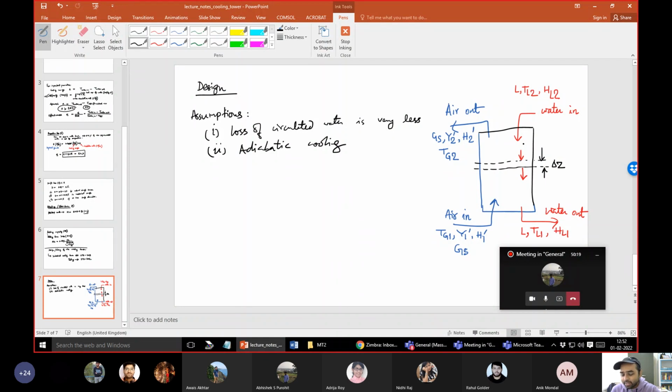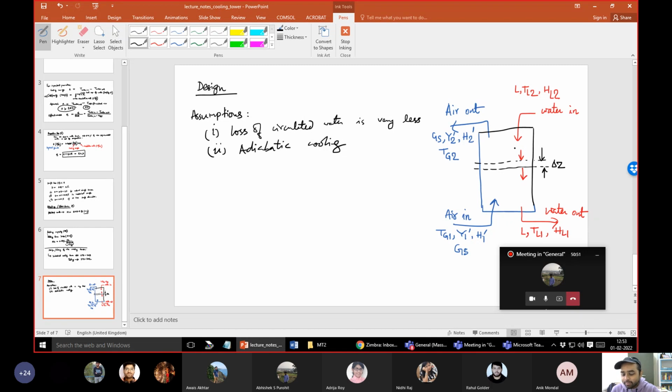That is how you are going to make the net heat balance. So the loss in heat by the water is equal to the gain in heat by the air. The heat gained by the air is estimated by the change in its enthalpy, and the loss of heat in the water is calculated from its drop in temperature. Isn't that one way of doing it?